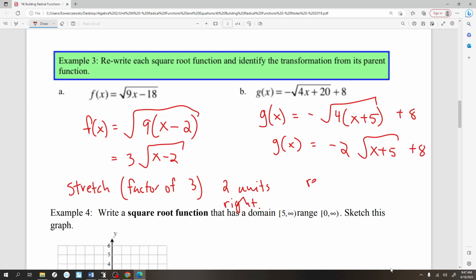So we will be reflected over the x-axis. We will have a stretch of factor of 2, and I'm going to try to fit this in. It's going to go left 5, up 8.